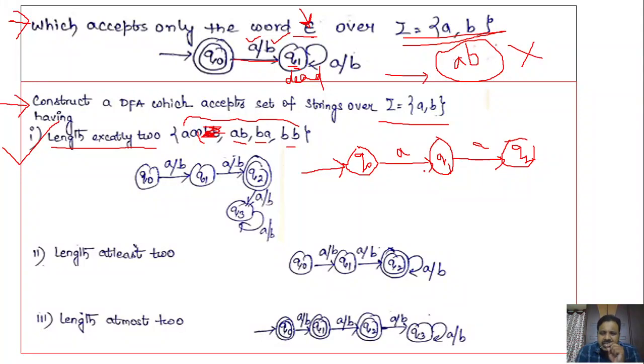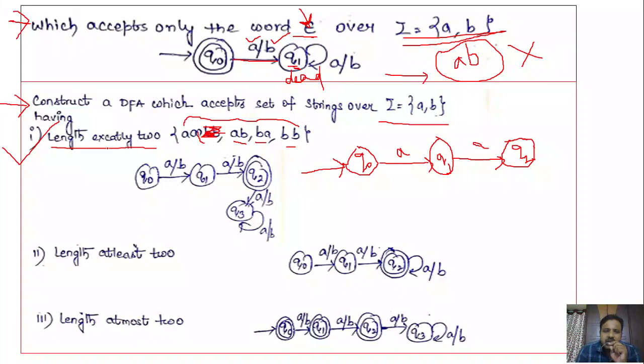So what it means is a followed by a. q naught on seeing a means we got a count of 1, so that's why we are moving from q naught to q1, right? On q1, it means we have seen a string of length 1, right? But to accept, we require one more symbol to make the string of length 2. So q1 on a, we will go to the state q2, which makes the length 2, right?